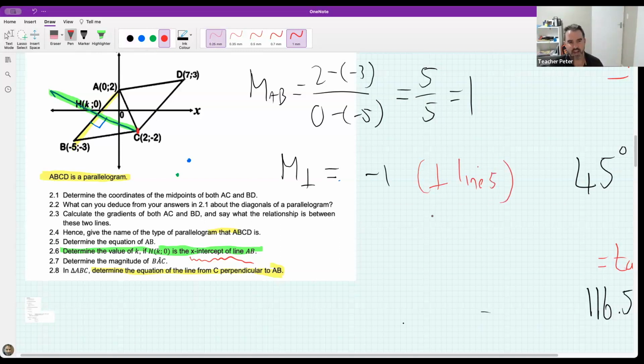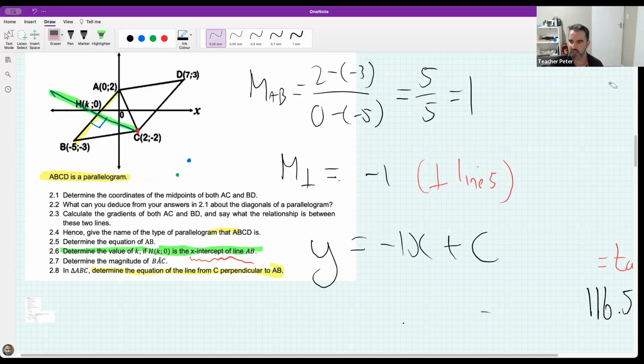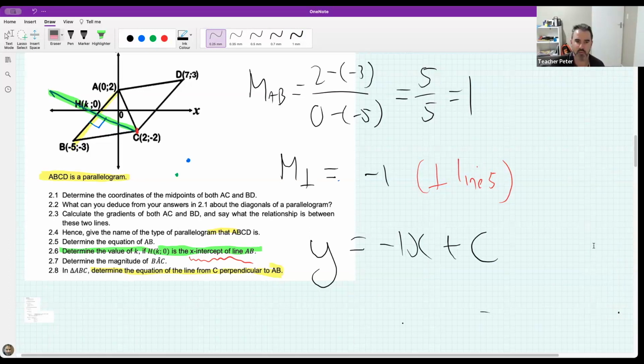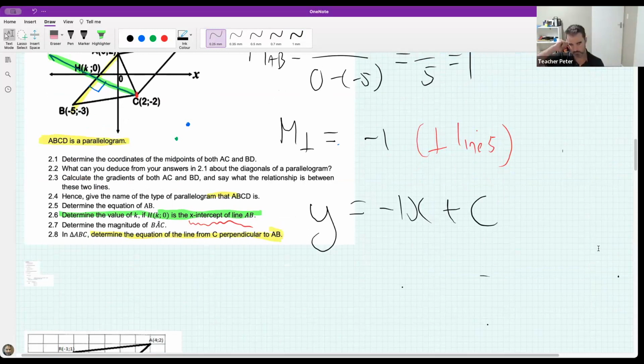Now I want you to find me the equation of this green line. I'm pretty confident that that is true, but you still need to find me the value of C. There are 2 ways you can do that. You can use either method, but I want to see you do that. And then we're going to call it a night for tonight.